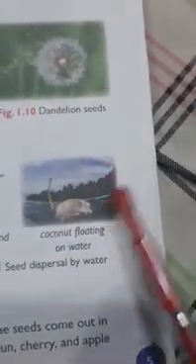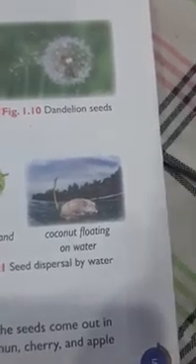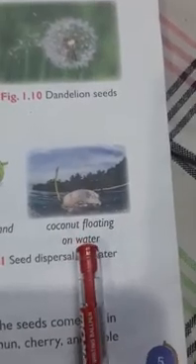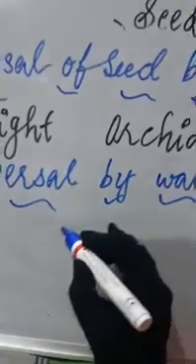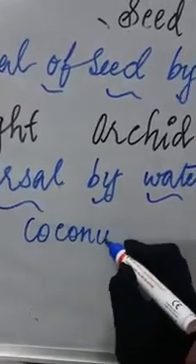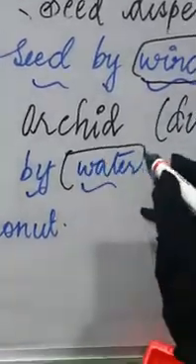Coconut can travel for thousands of kilometers across seas and oceans without decaying. It germinates on reaching the shore. If it gets the right conditions, it will germinate, means it becomes a seedling. What is the example given here? Coconut. Yes, it is carried away, otherwise called dispersal by water.